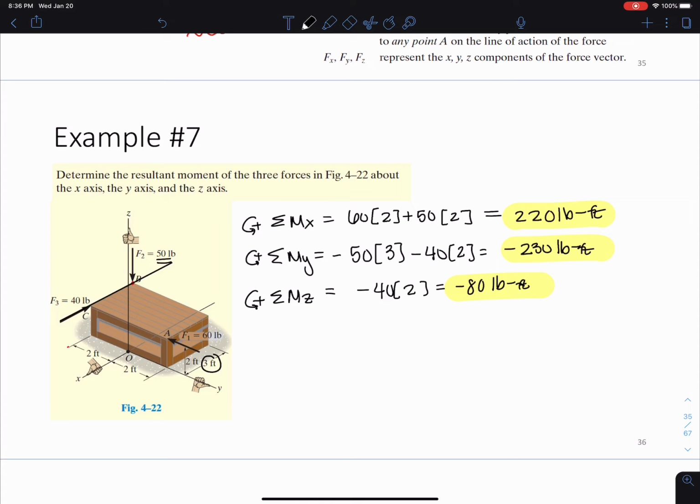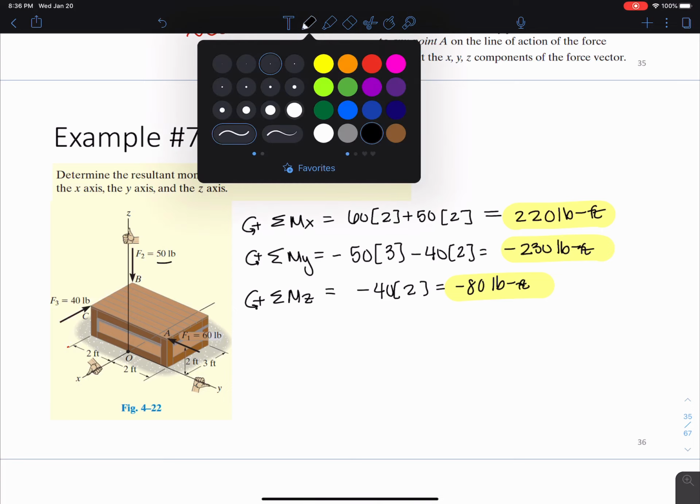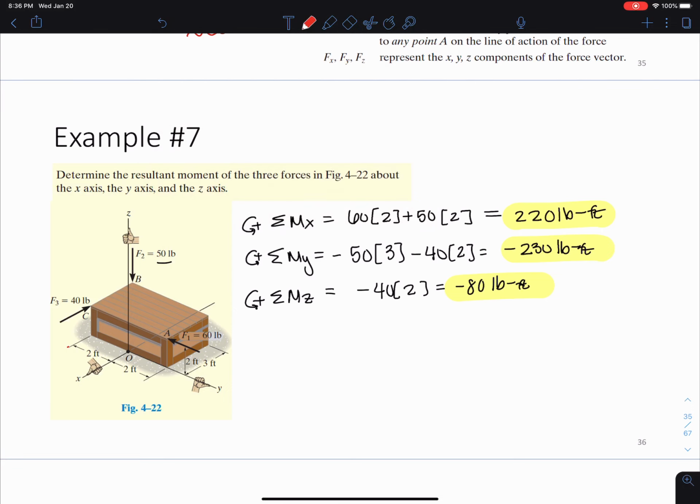Any force that's parallel to an axis, or that has a line of action that passes through the axis, does not produce any moment or tendency for turning. I want to make this very clear because sometimes it's a little bit confusing in 3D. So let's take this first equation right now. The 60 and the 50-pound force contributed.